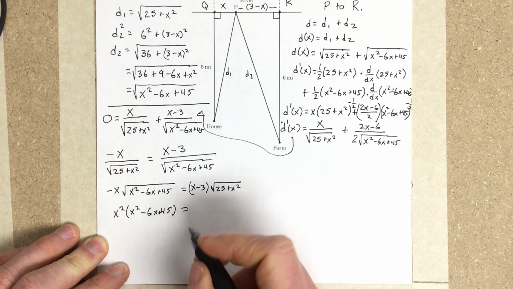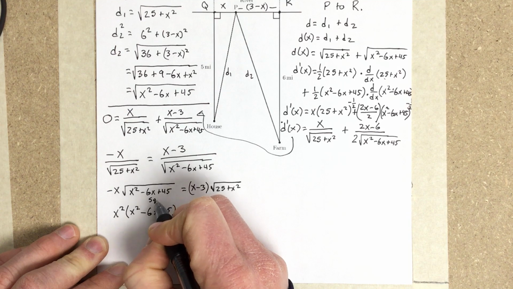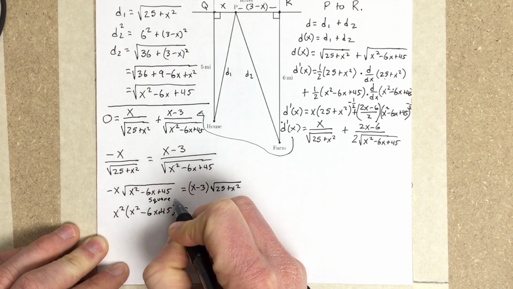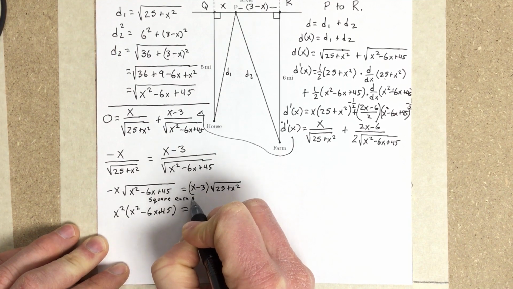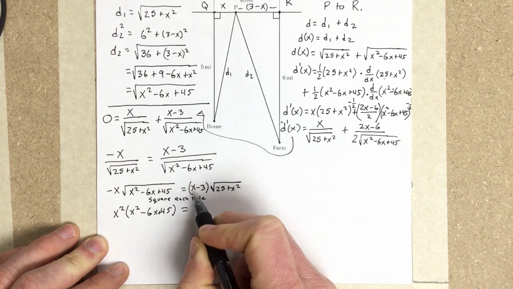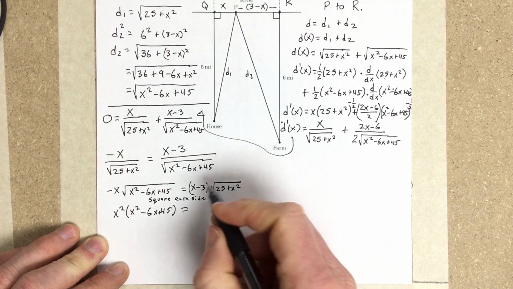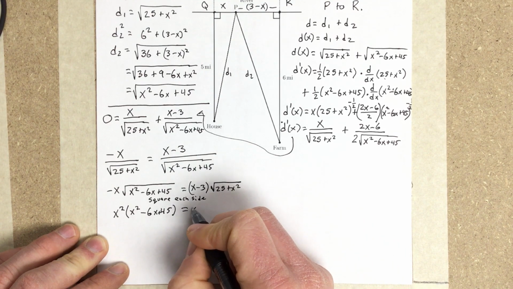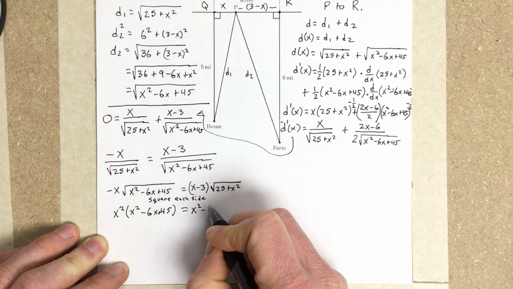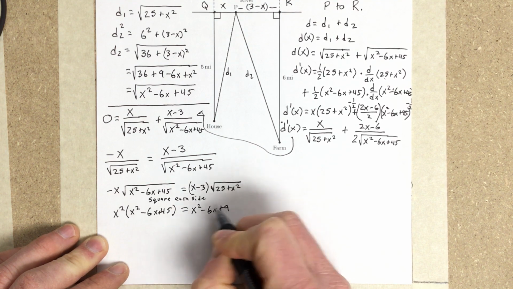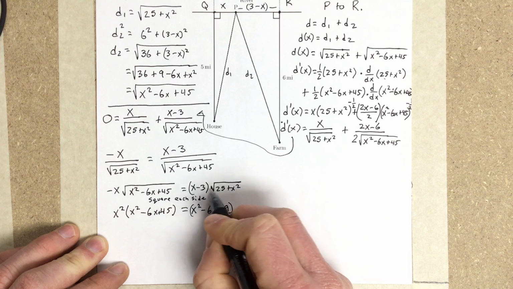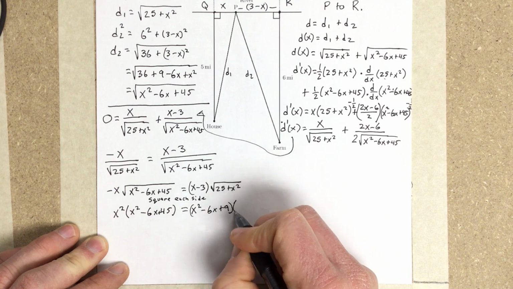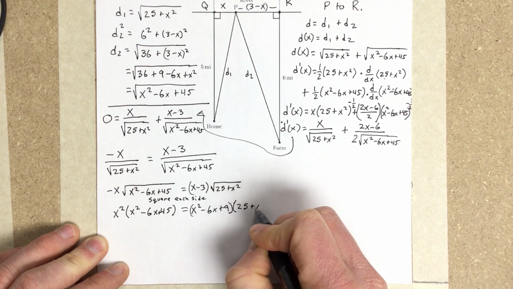Then you square this x minus 3 and you get x squared minus 6x plus 9. When you square the radical, you end up with 25 plus x squared.